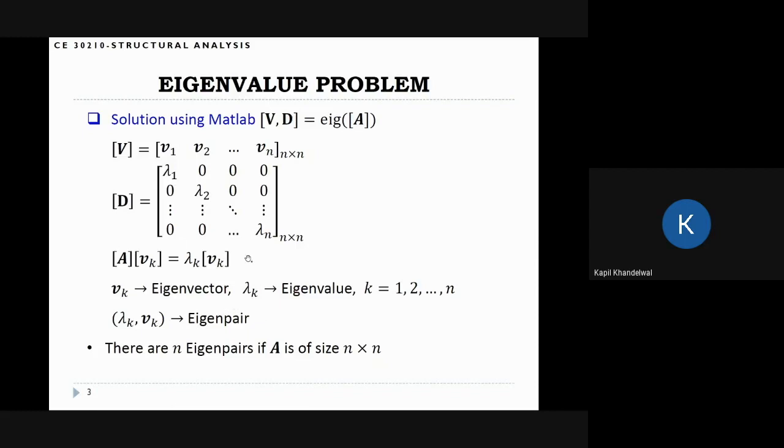And in MATLAB, they are already arranged for you in the right way. You choose the first eigenvalue and the first eigenvector, that's the eigenpair. So typically we call lambda and v the eigenpair. And for a matrix of size n by n, there are n eigenpairs.